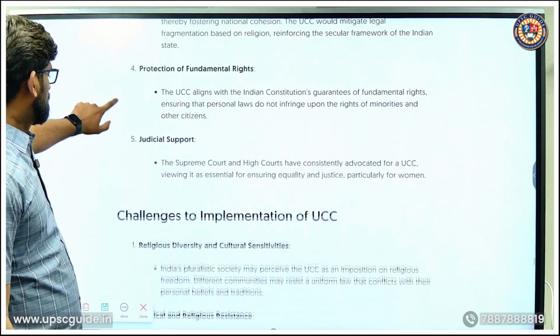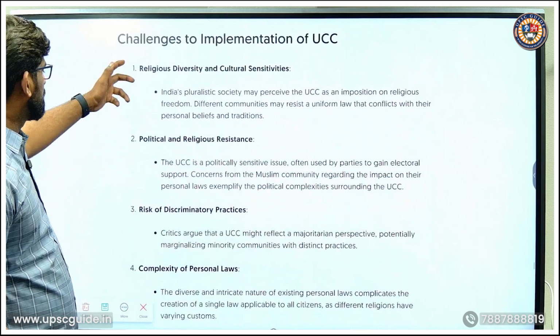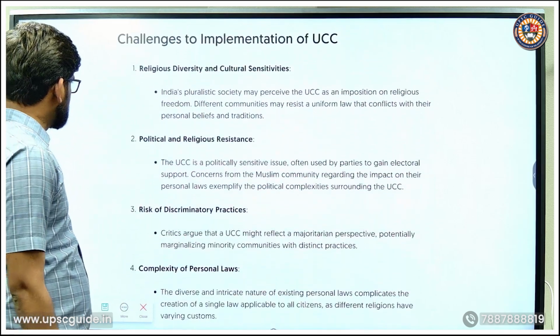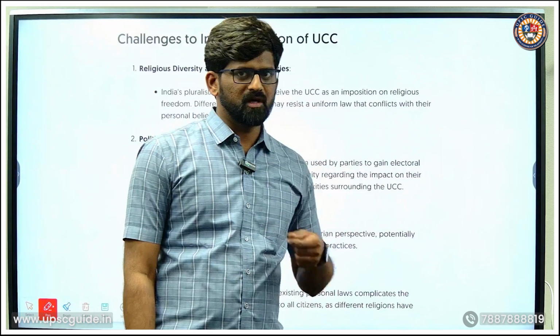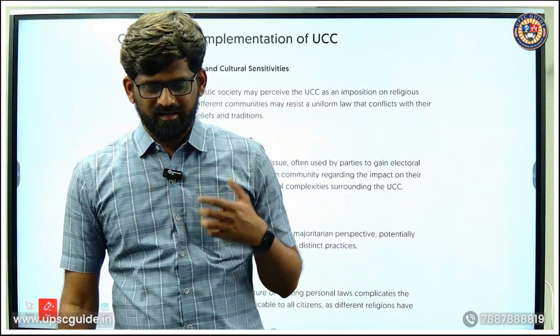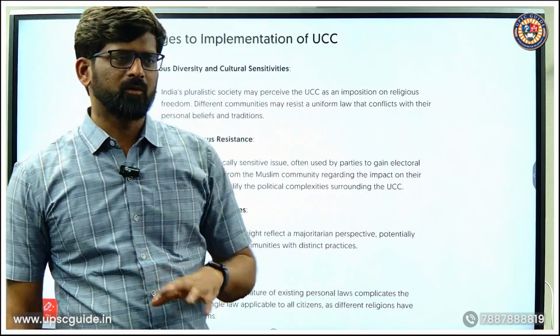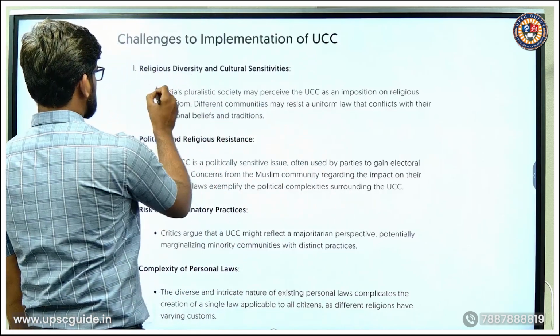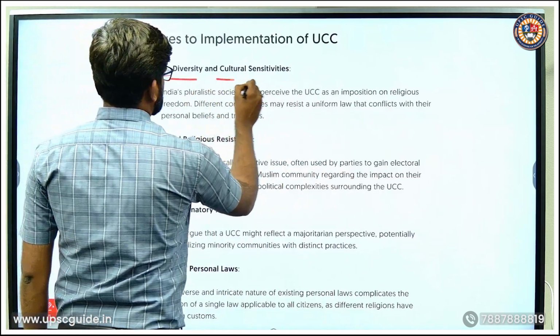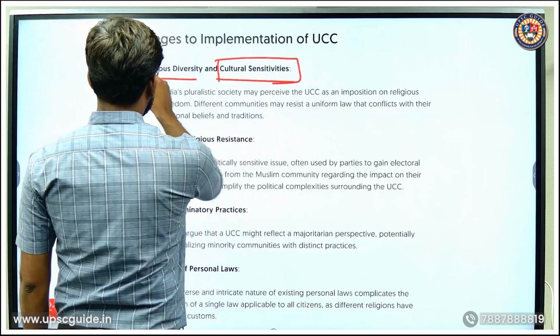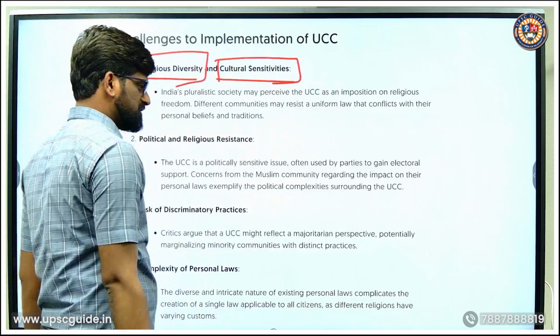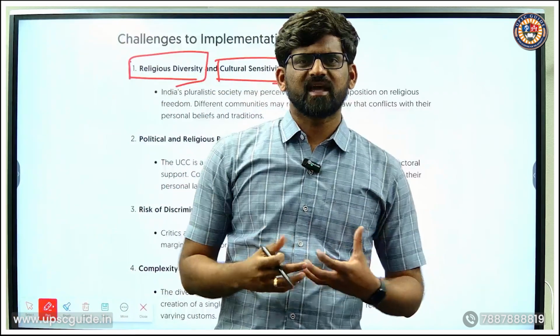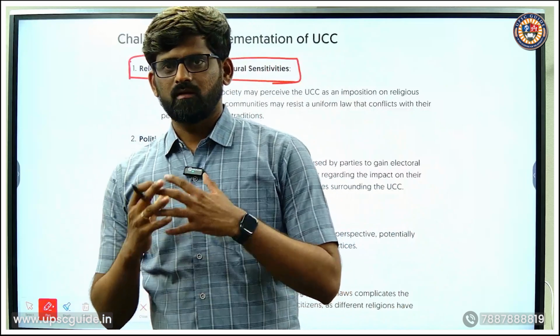Next are the challenges to implement UCC. The most important challenge is that it sometimes attracts a political slugfest. Also, the Indian Constitution promotes religious diversity and cultural sensitivities. It does not want the homogenization of everyone.